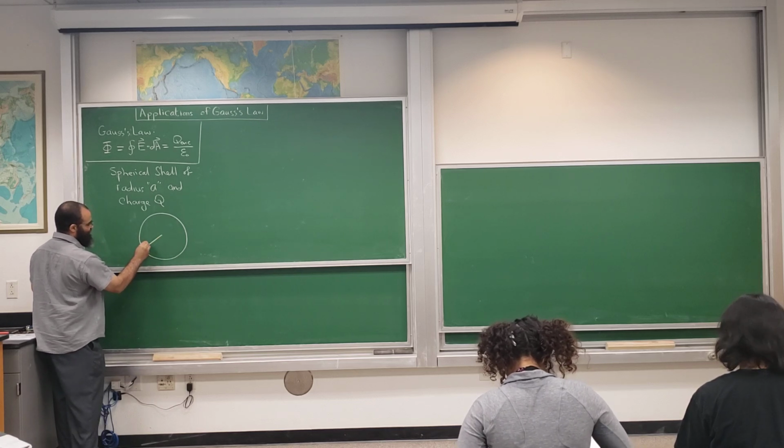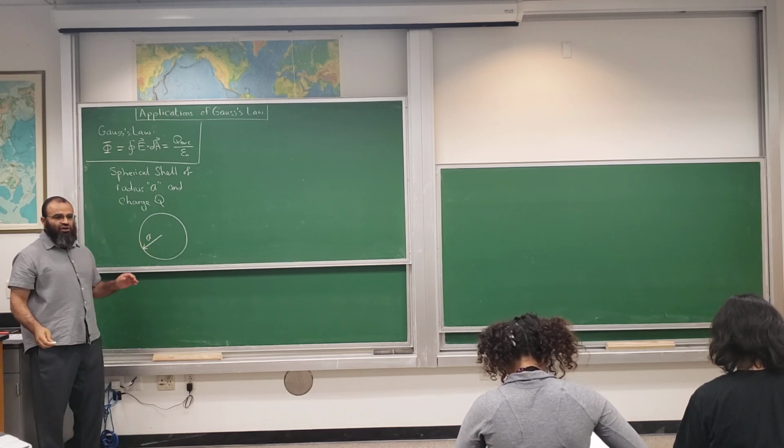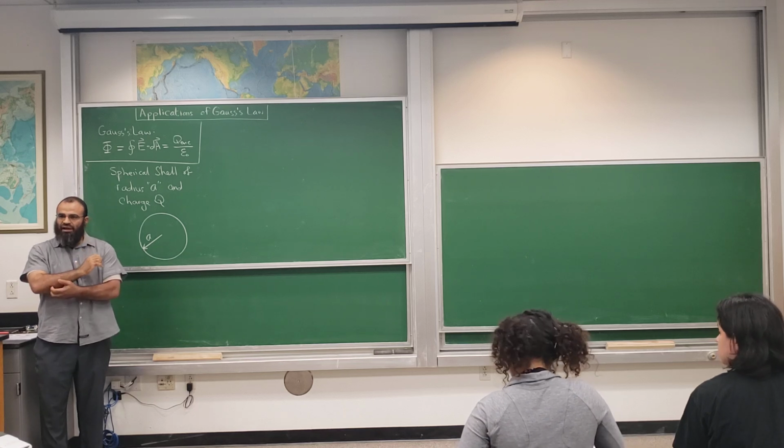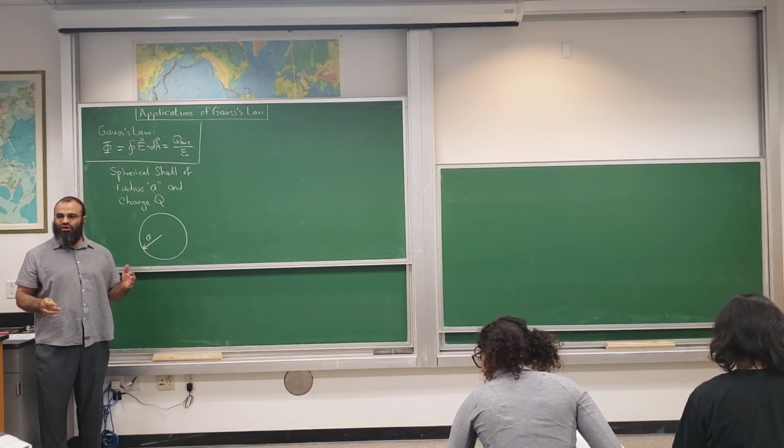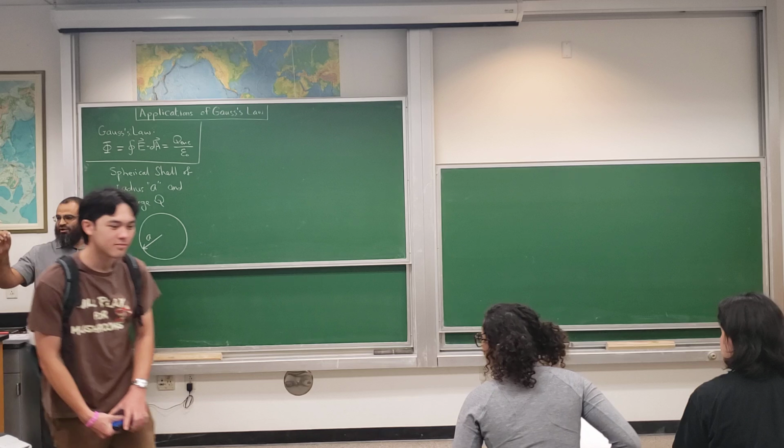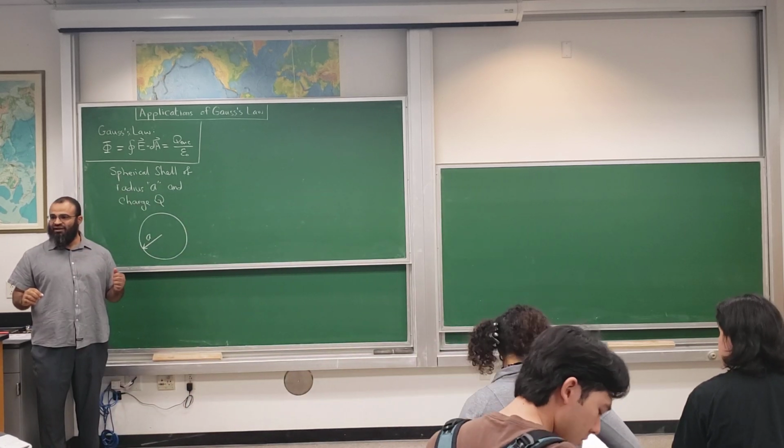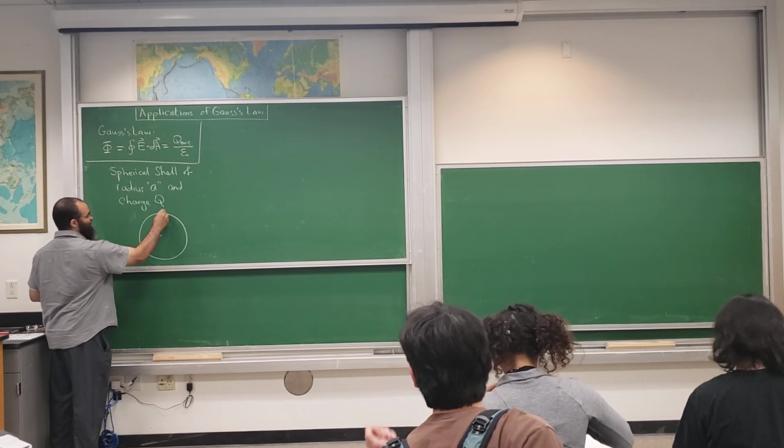This is the radius of the shell, it's A, and the charge on it is Q. Again, I'm going to just assume Q is positive. If it's negative, just put a minus sign in front of the result at the very end.